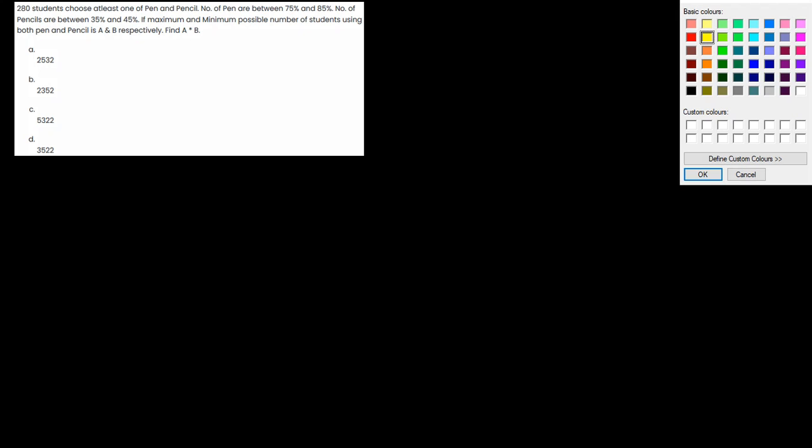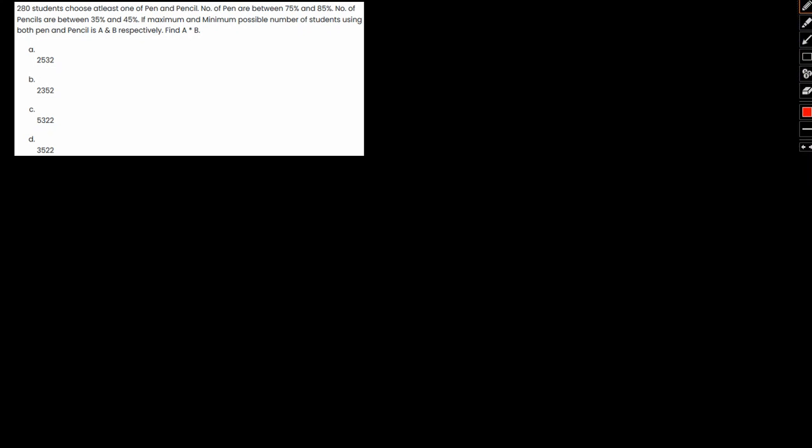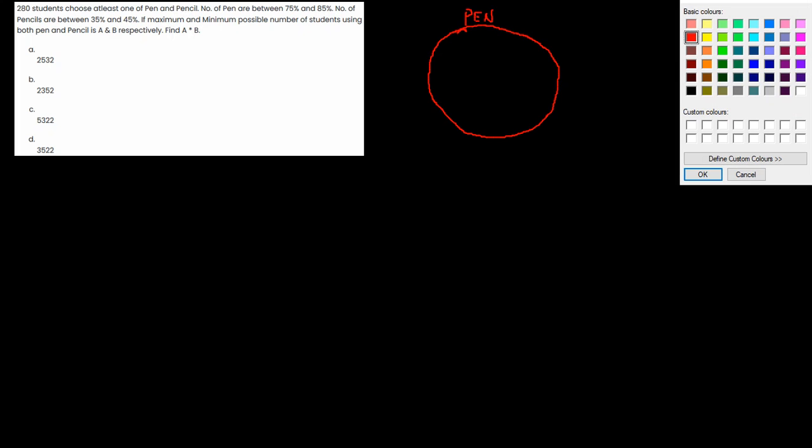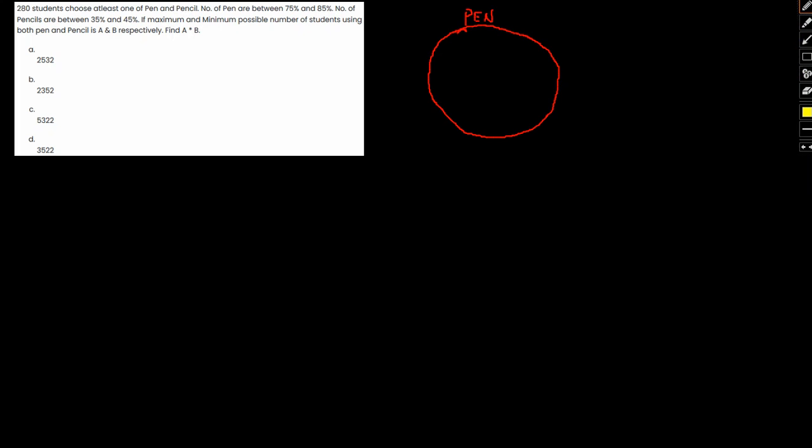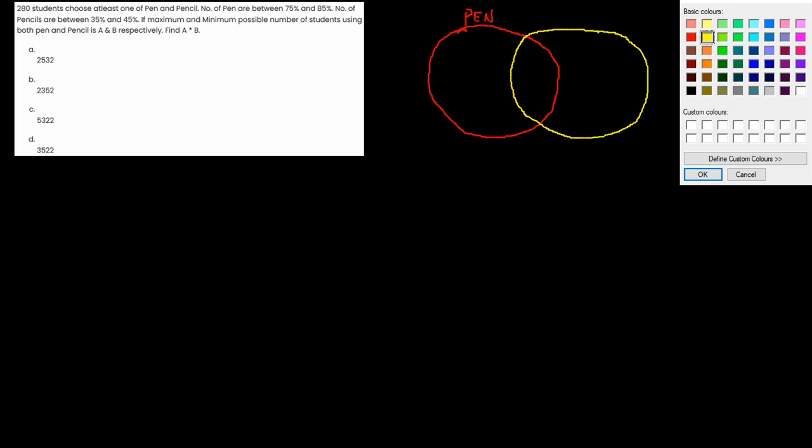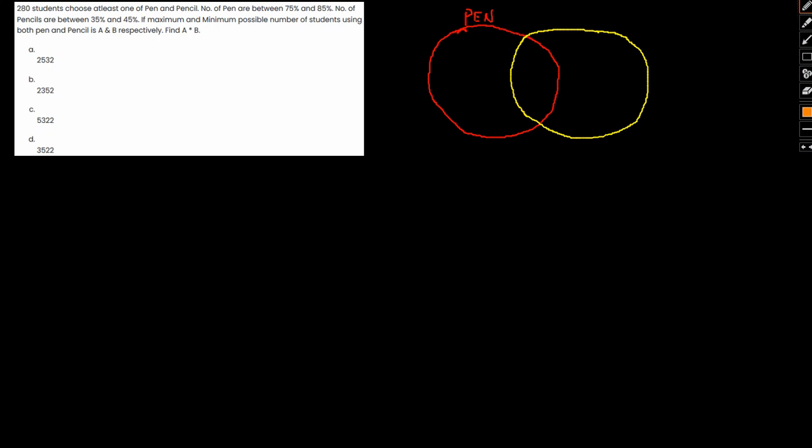So let me draw this scenario. We have a set, say this is for pen, and we have one other set, say this is for pencil. Now pen lies between 75 and 85%.